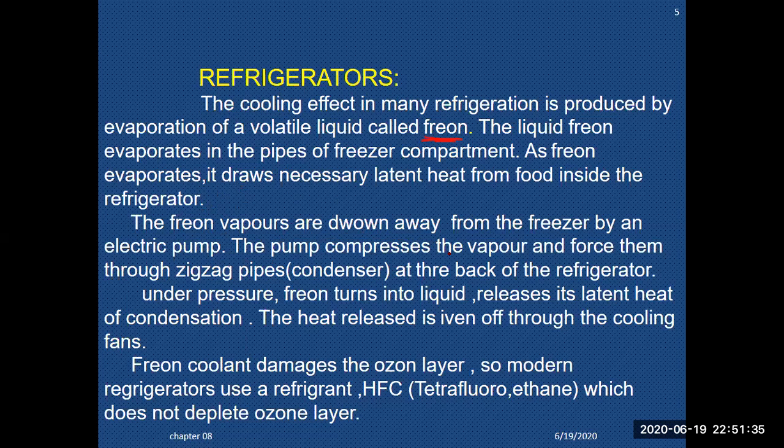The pump compresses the vapors and forces them through zigzag pipes at the back of the refrigerator. Under pressure, freon turns into liquid and releases its heat, the latent heat of condensation. The heat released is given off through the cooling fans.